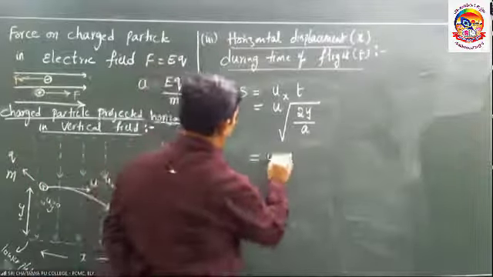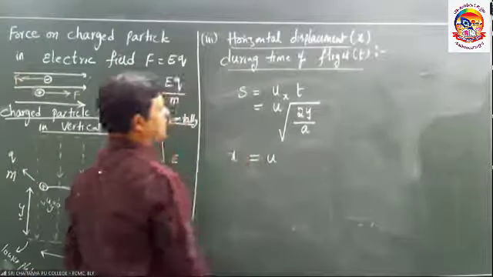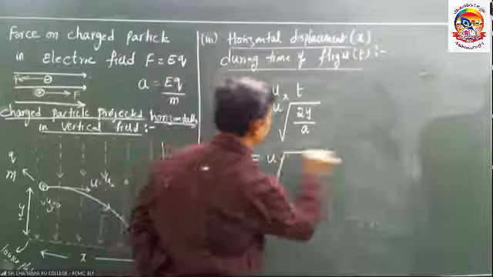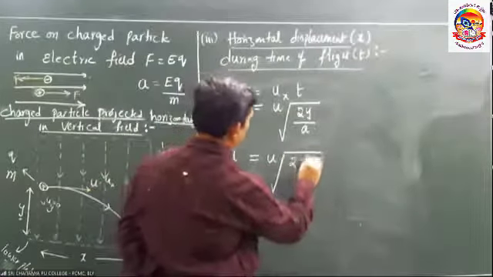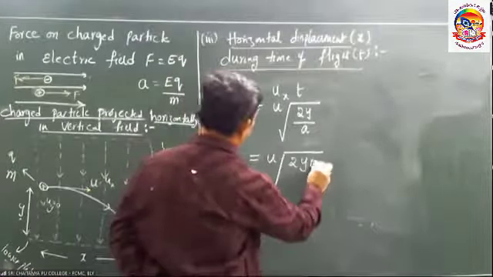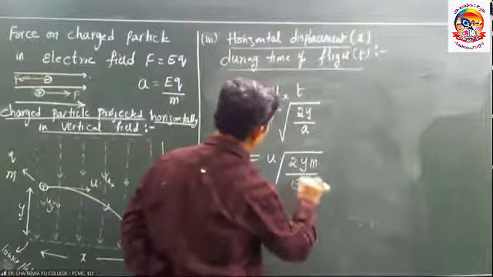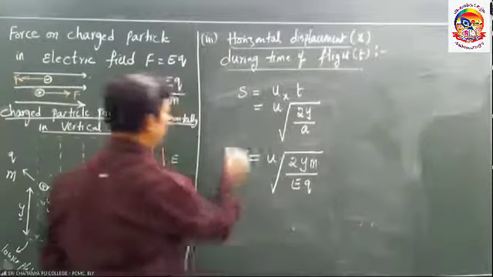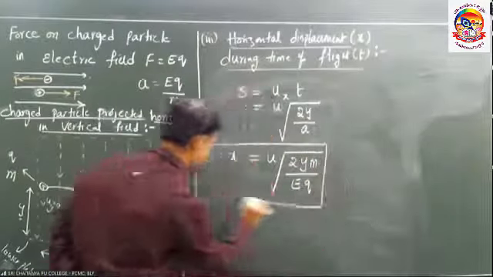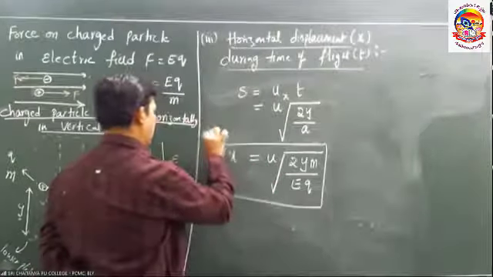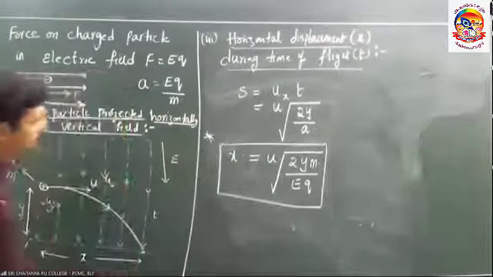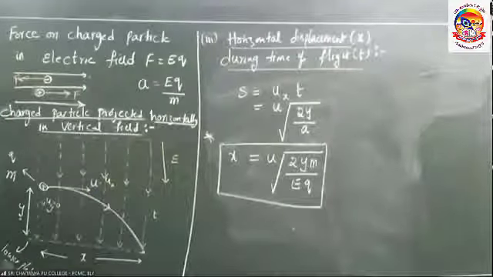Then x is equal to u root over 2y m by eq. Substituting the value, this is the horizontal displacement during time of flight.